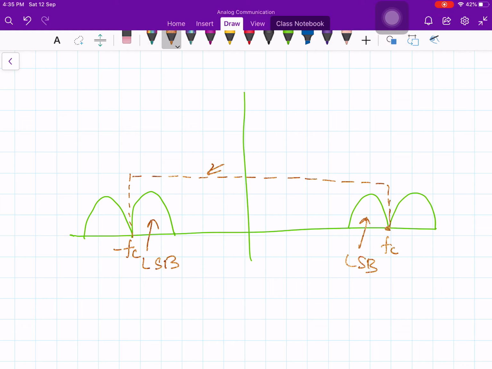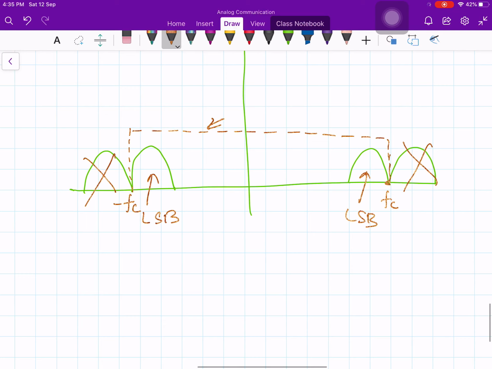And you might have studied this in electronic circuits. It is very, very difficult to realize a filter with a sharp cutoff. It should transmit up to the carrier frequency Fc and reject completely after Fc. We know that such an ideal low pass filter is almost impossible to realize.